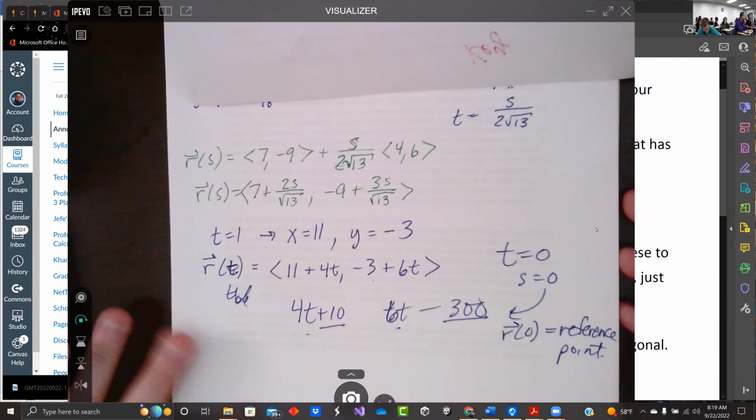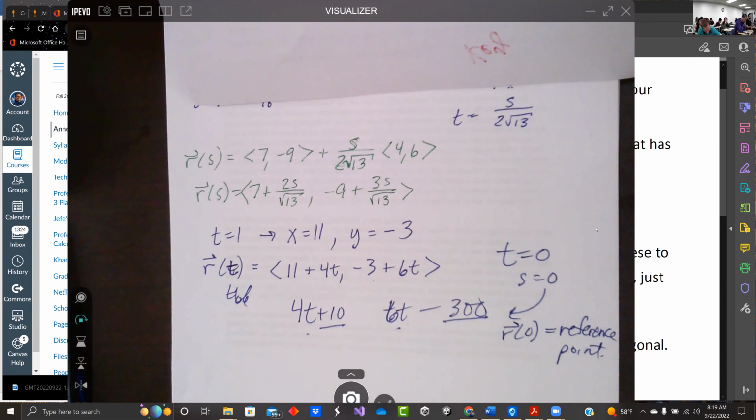So even if you didn't give us the reference point, we could get it just by looking at the components. It's your r naught, your initial point. I don't know why they call it a reference point. I like initial point better. I think they go with reference point because saying it's initial is saying t equals 0 there, and t doesn't have to equal 0 there. T can equal 0 anywhere on the line so long as we put the right reference point.